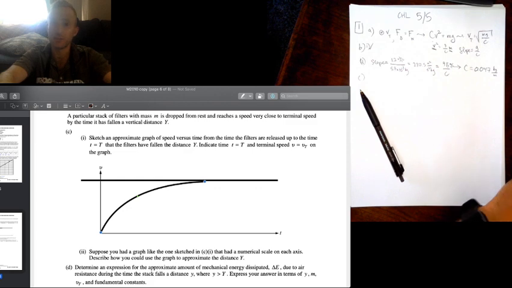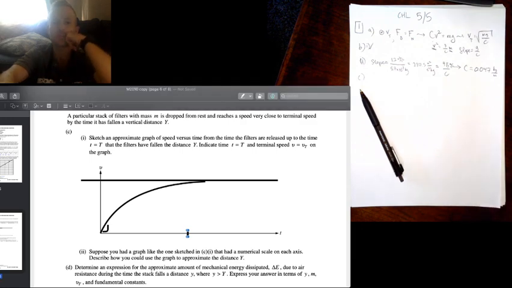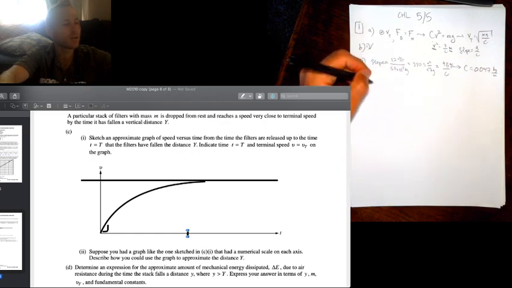So the initial slope is going to be 9.8. So this slope at time equals 0 is 9.8. Maybe t equals capital T is roughly right here, so it's almost reached its terminal speed. All right, so I did part I. Now let's see part II.